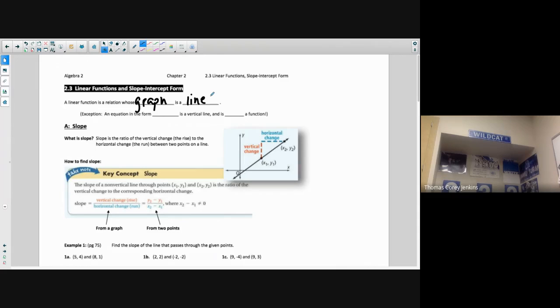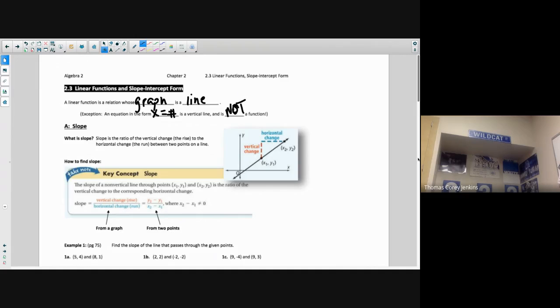So the only non-function is a vertical line, because a vertical line is going to fail the vertical line test. So that would be when x equals a number. In other words, there's no y in the equation. There's no output variable, and that is not a function. Again, that's pretty easy to think about why a vertical line would fail the vertical line test.